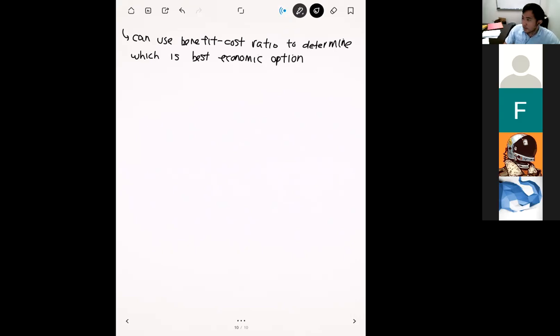But if we want to do this, very similar to rate of return analysis, we have to do it based on the increment. We can't do benefit cost ratio of each one individually, but we have to do them based on the increment and then make our decision based on the increment.